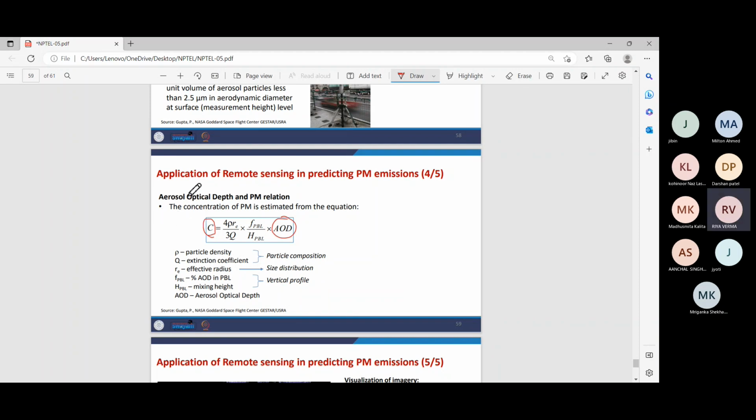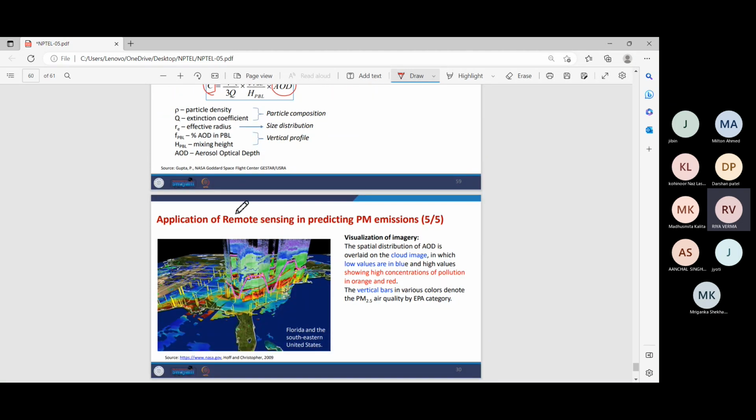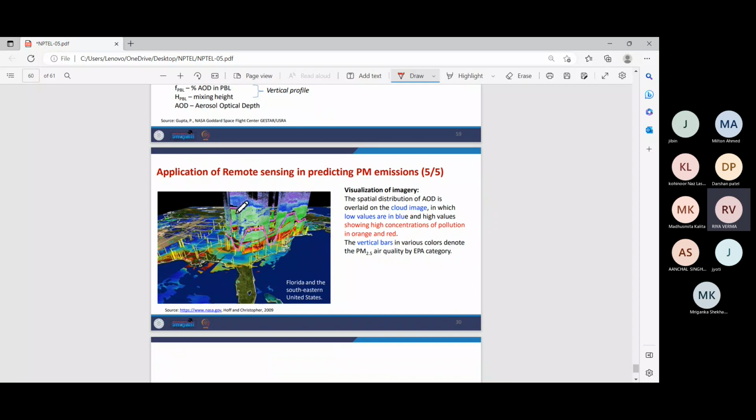So rho and Q are the composition of the particles. Then it is multiplied by FPBL, the percentage of AOD in PBL, and then HPBL, the mixing height, multiplied by AOD. So it gives the concentration of PM 2.5.